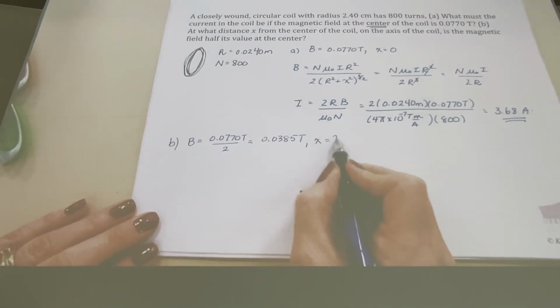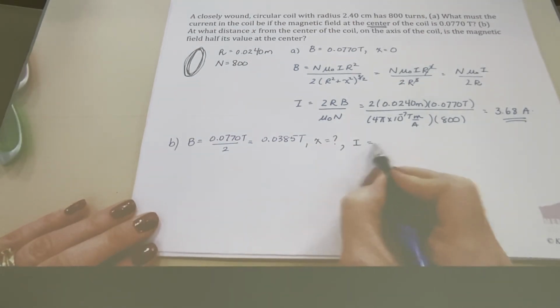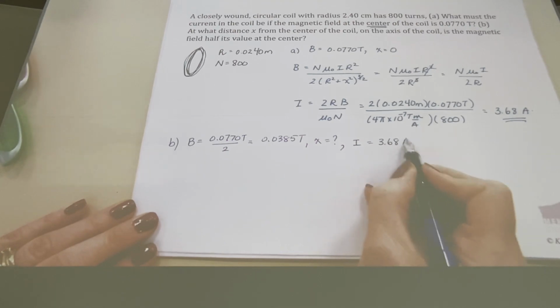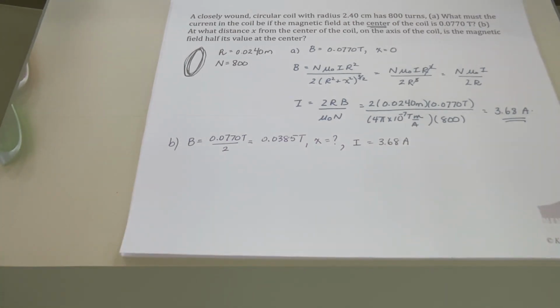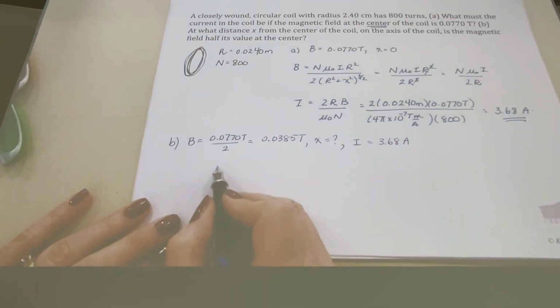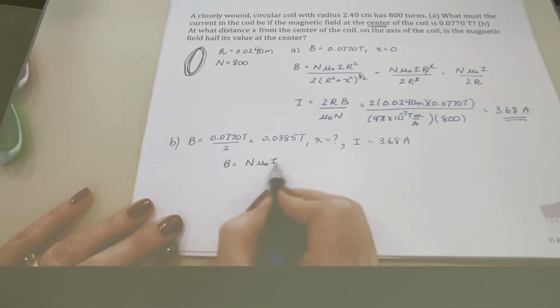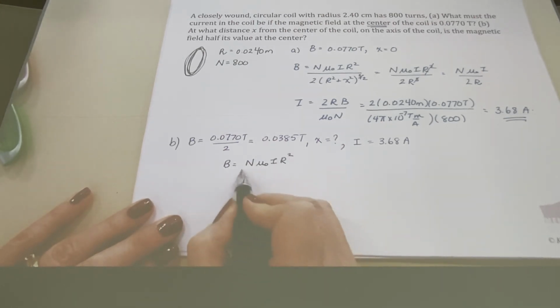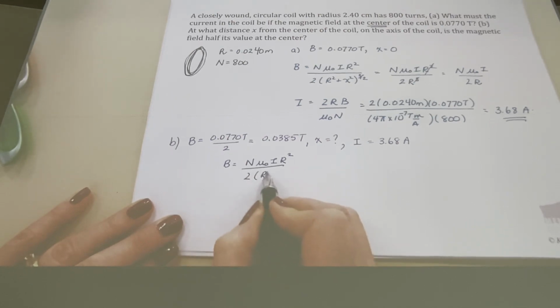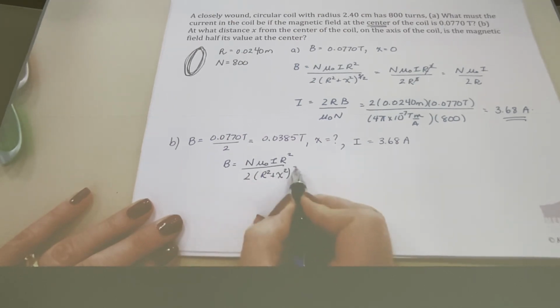Trying to find that X value, and this time we know what the current is. So once again, we have all the numbers. This is just a plug and chug with slightly more difficult algebra. So B is equal to N mu naught I R squared over 2 times R squared plus X squared to the 3 over 2.